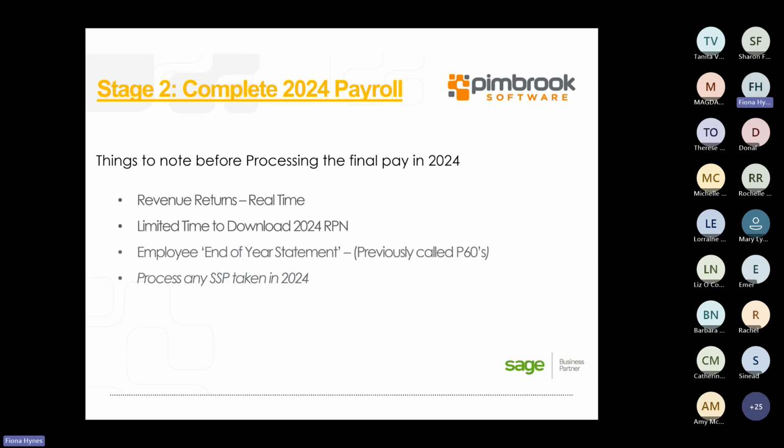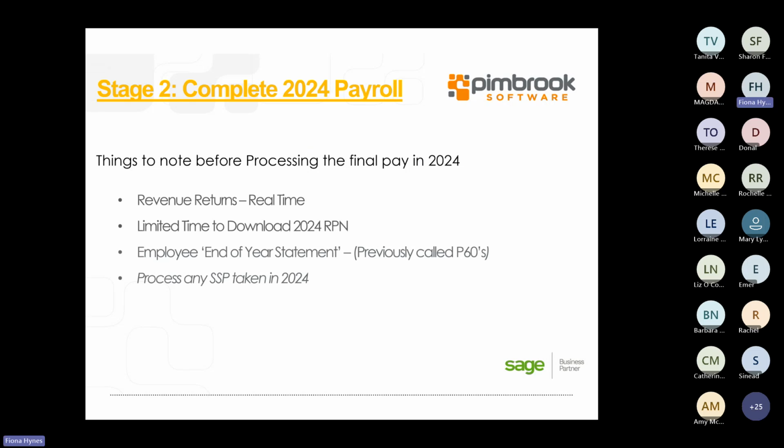Now on to stage 2, complete your payroll for 2024. So before you process the final payroll of 24, I just want to bring your attention to a few things. As we know, the payroll submissions are in real time, and once submitted, this information is available to revenue and employees.